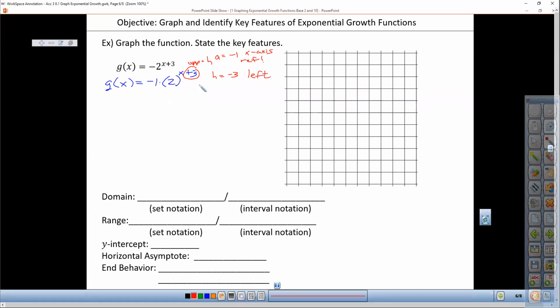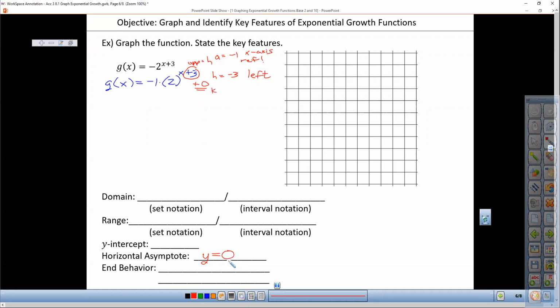Notice there's nothing after the power of 2, nothing added or subtracted. So that's interpreted as a +0. So that 0 is our k value. So we don't get a translation or a transformation from that. But that k is still important for our horizontal asymptote equation in our key features. So knowing that k is a 0 tells us our horizontal asymptote has the equation y equals 0.